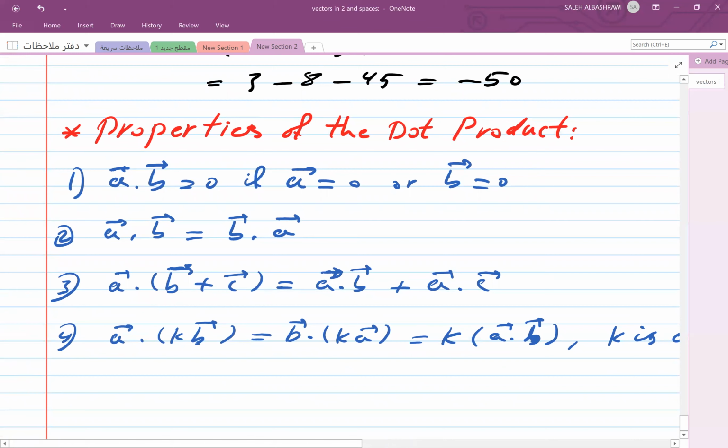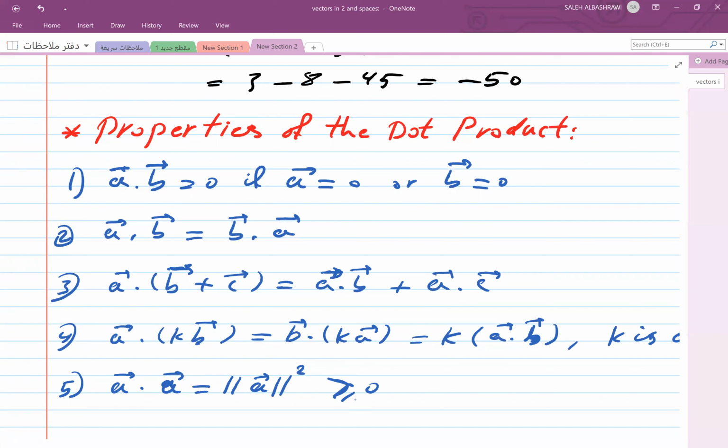Five, A dot A equal to the magnitude of A squared, which is always greater than or equal to 0. So these are the properties for the dot product.